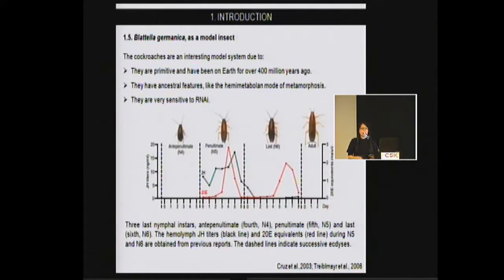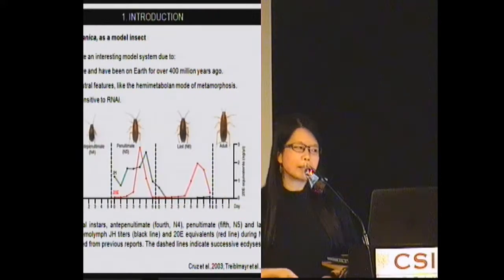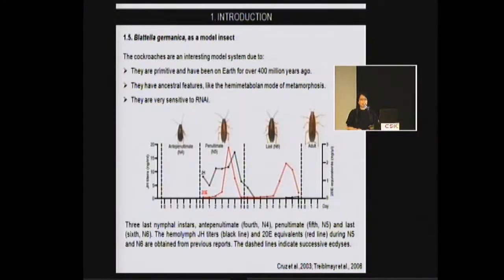So the first model, or the main model that I used in this study, is the German cockroach, Blattella germanica. This insect is a good model for study in the laboratory because it is easy to rear and maintain in the lab. Also, cockroaches are one of the primitive insects that have been on Earth for more than 300 million years, so they can serve as the basal model to study the evolution of metamorphosis, especially the transition from hemimetaboly to holometaboly.